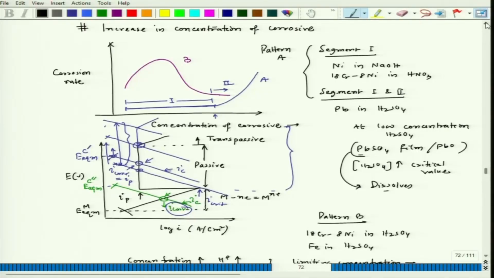Now, as you see, the behavior of the metal in a particular electrolyte could be different as we increase the concentration, and here we are not talking about the oxidants. Those behaviors should be known beforehand, and that's why experimentation in corrosion protection is very much needed.